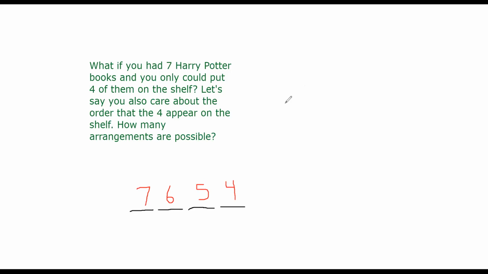So it almost looks like we took 7 factorial, 7 times 6 times 5 times 4 times 3 times 2 times 1, and it almost looks like we divided out by the factorials that didn't make it. So this turns out to be 840.